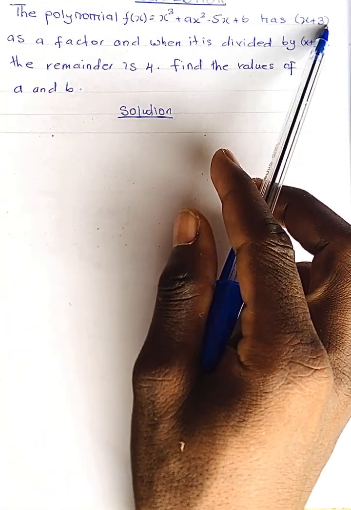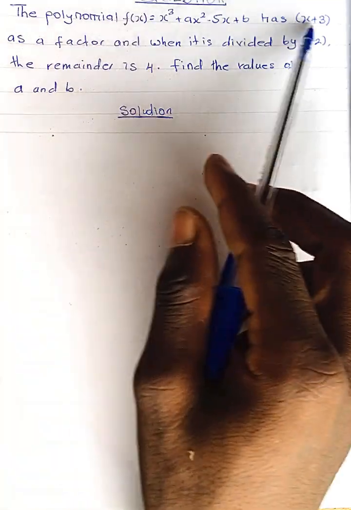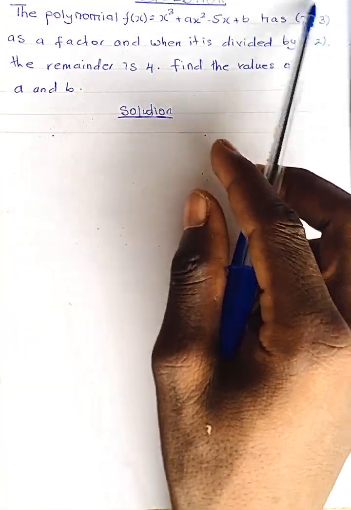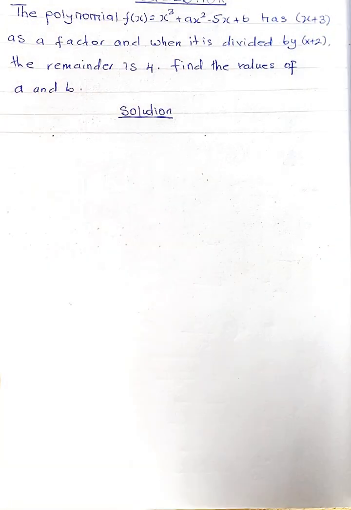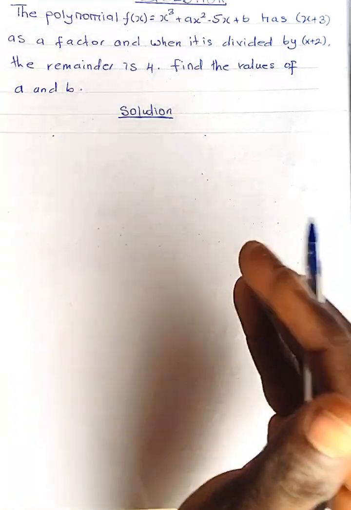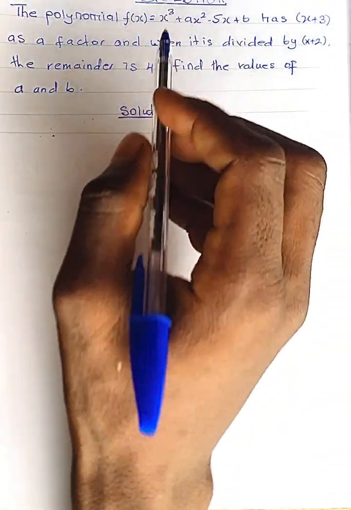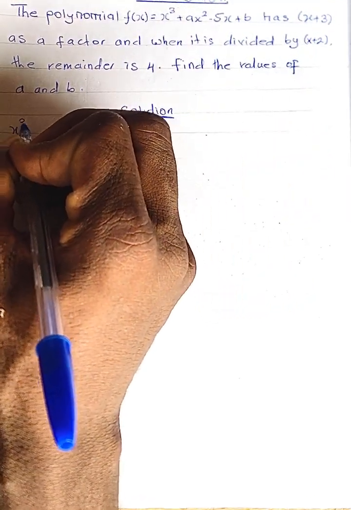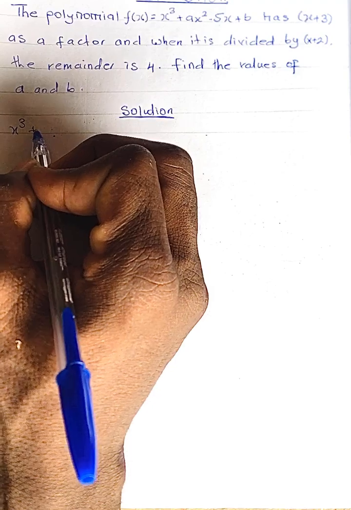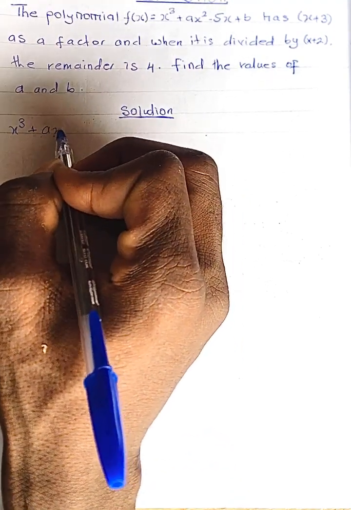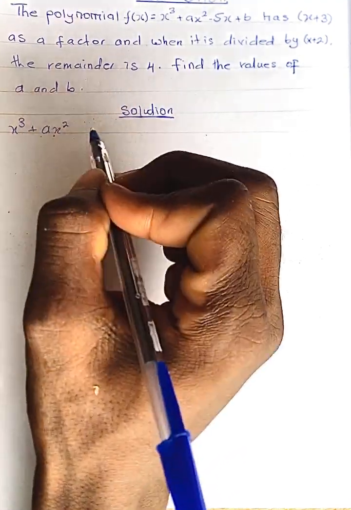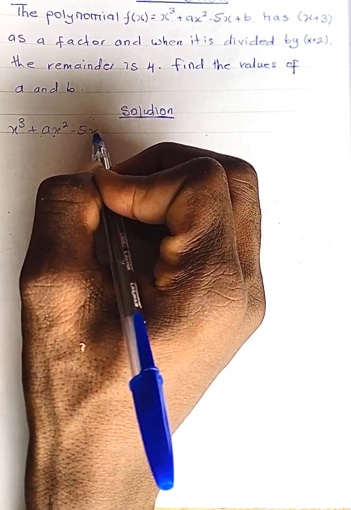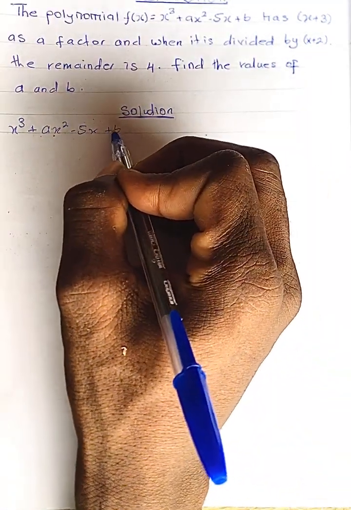Before you proceed with this one, you are going to set the factors equal to 0. So the function is x cubed plus a x squared minus 5x plus b.